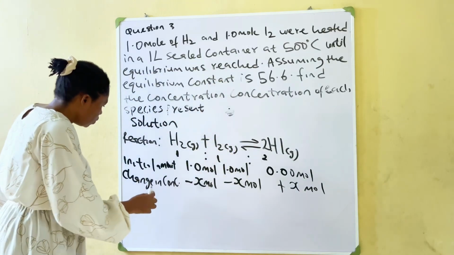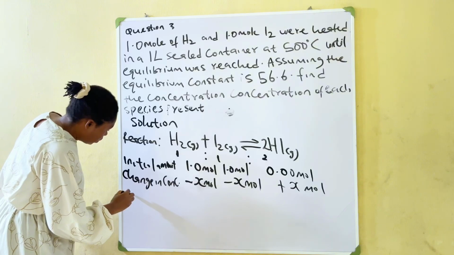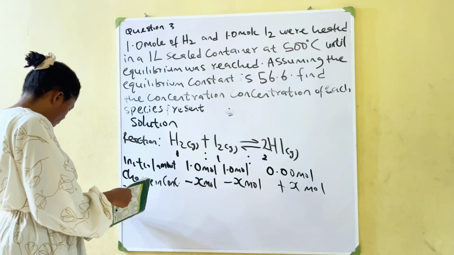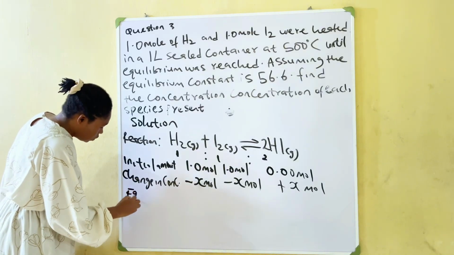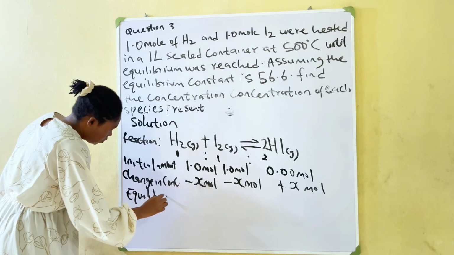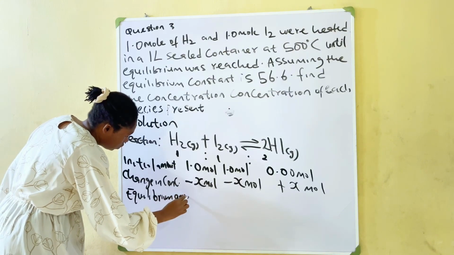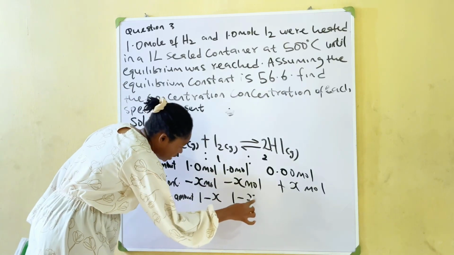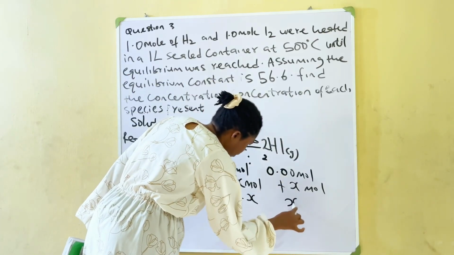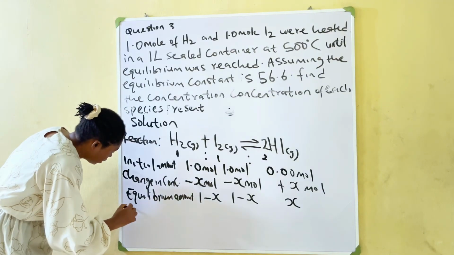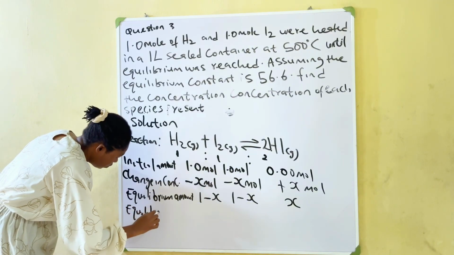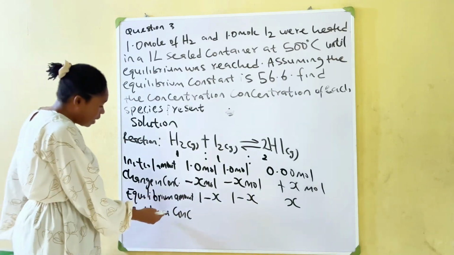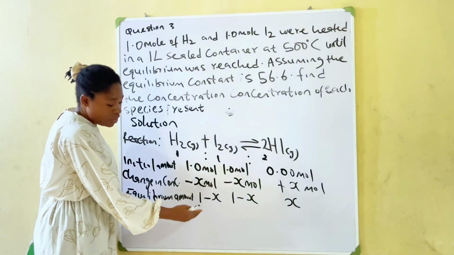Next, I'm going to look at the equilibrium amount. So 1 minus x, 1 minus x, and this one is x. The equilibrium concentration is the same thing, because we divide the mole by the volume.